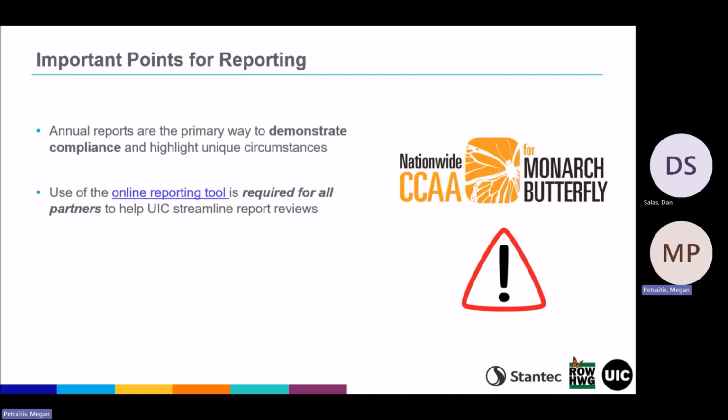And the online reporting tool, which is linked on the toolkit, is required for all partners to use to help streamline the report reviews. So that is how you'll be primarily submitting your annual report.